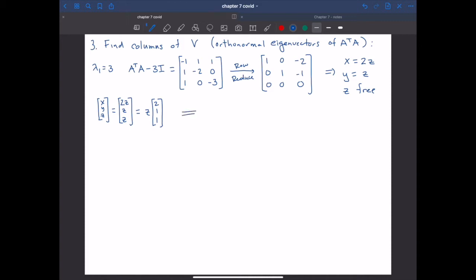And if I pick z to be 1 over rad 6, then this gives me the vector v1, which is just 2 over rad 6, 1 over rad 6, and 1 over rad 6. Now again, you could have picked z to be anything, but then you'd have to normalize anyway. So you might as well just normalize here.